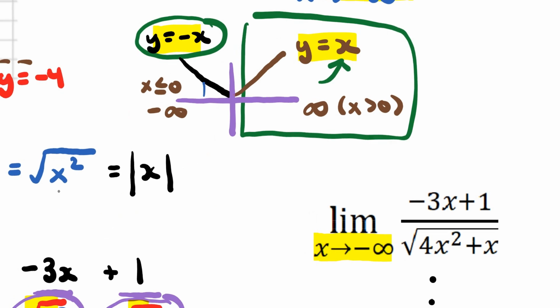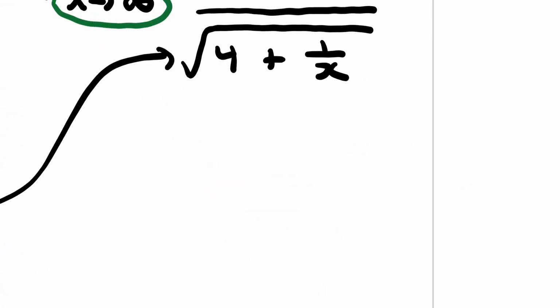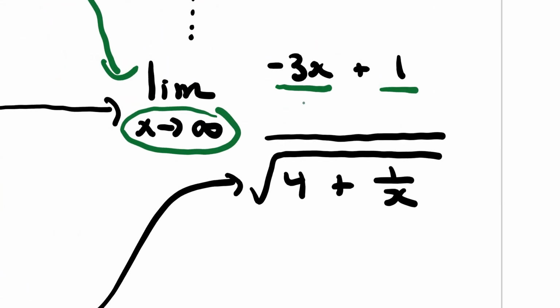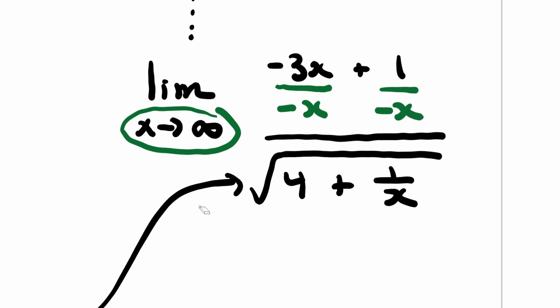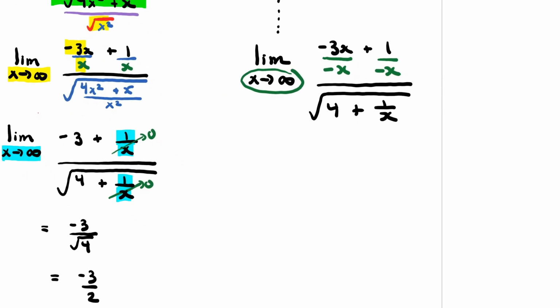So the idea is that the square root of x squared becomes an absolute value, but the absolute value has two parts, and since you're going to negative infinity here, we know the absolute value function now becomes negative x. So this right here now becomes negative x, and that's the difference between this question and the previous question, right? So that's the difference right there.